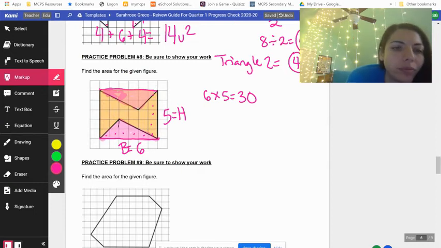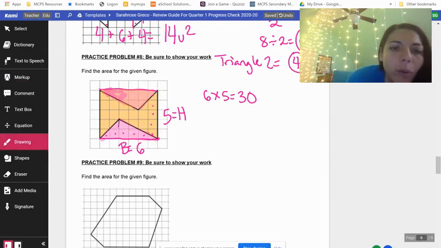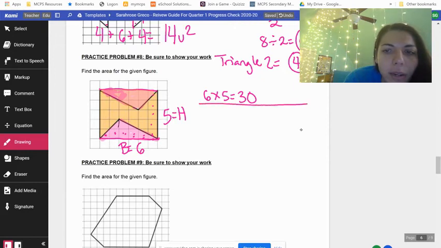All right, drawing. So if I want to find the area of this triangle, my base is 1, 2, 3, 4, 5, 6. So I'm going to draw a line. We'll come back to this in a second. So triangle 1, the base times the height. All right, so the base was 6.